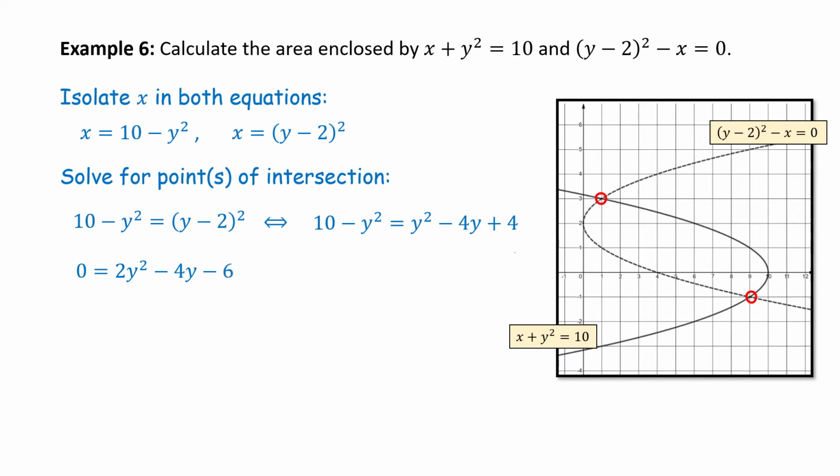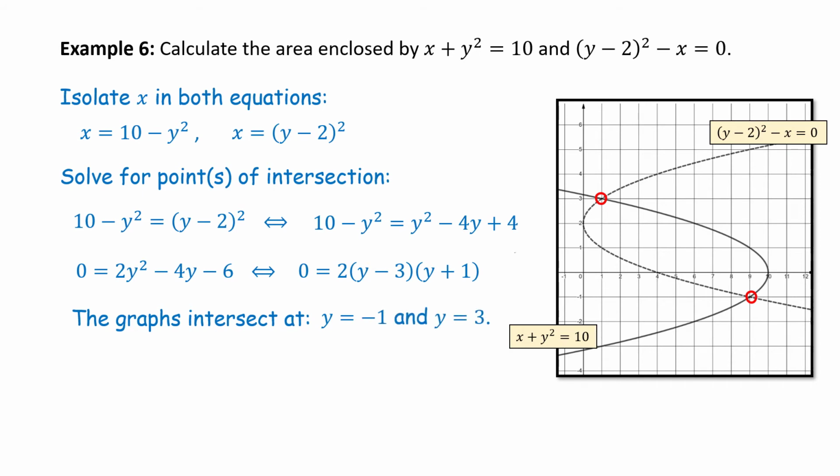Then 0 equals, adding the y squared, 2y squared minus 4y, and then 4 minus 10 would give us minus 6. Let's factor that. 0 equals 2 times the quantity y minus 3 times the quantity y plus 1. The graphs intersect at y equals negative 1 and y equals 3.